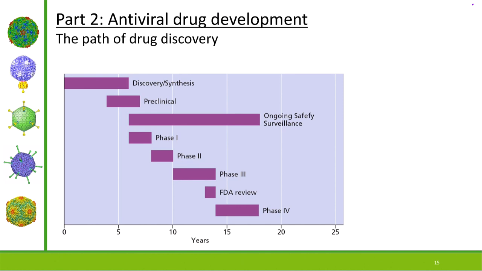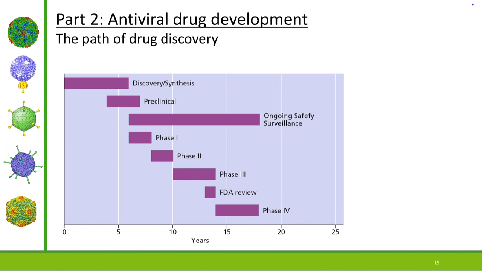And this entire time from phase 1, which we'll talk about in a second, through phase 4, we have ongoing safety surveillance. And so any patient in any of the phases, their physician is constantly reporting data back because we constantly want to have a surveillance of safety, and this is when side effects and things like that are updated.